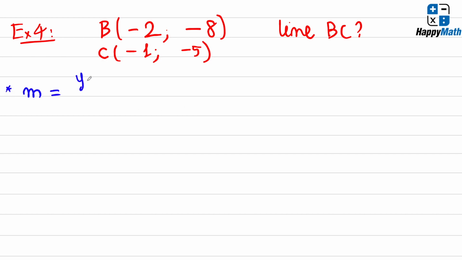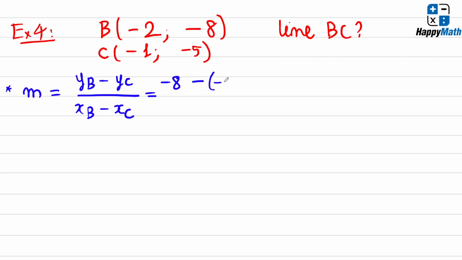But look at this. How can you show your working out? M you will have YB negative YC in this case, XB negative XC in this case. And so what is YB? One by one substitution of values will help you escape the trap. Okay, negative 8 for this one, negative YC. So what is YC? You got negative 5.